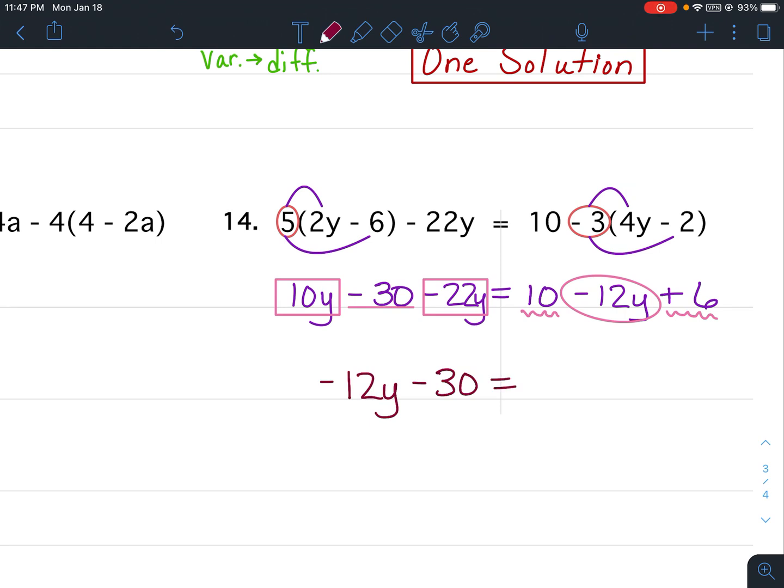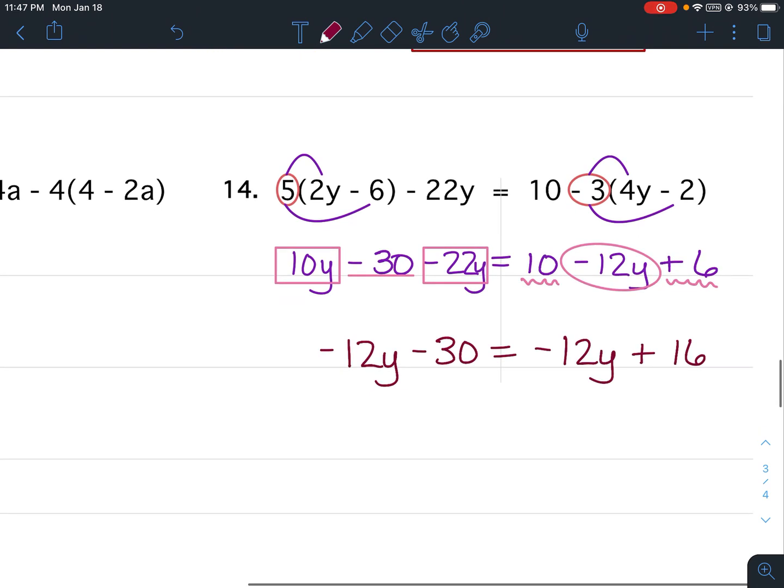Nothing to combine with the y term on the right side, so I bring down my negative 12y. And 10 plus 6 would be 16. All right, and that's where we stop.